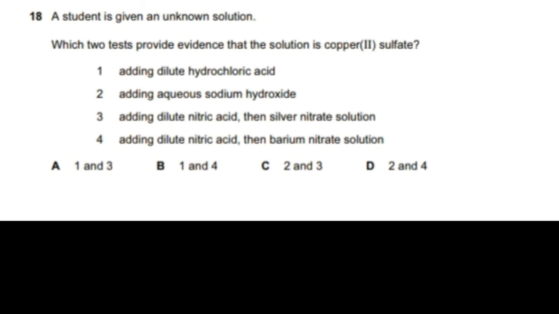The third statement is also wrong, addition of dilute HNO3 and AgNO3. Fourth one, addition of dilute HNO3 and barium nitrate. This test helps to find sulfate. Presence of sulfate can be identified with the help of dilute HNO3 and barium nitrate. There will be a white precipitate. So answer is D. 2 and 4 is the answer, D.